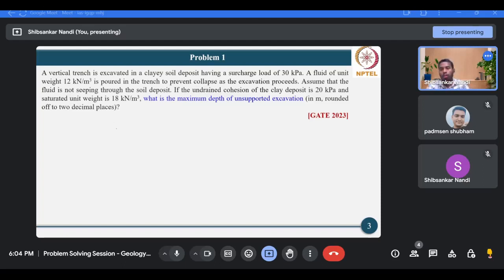So we discussed that for purely cohesive soil, or in the case of cohesive frictional soil, there is a chance of generation of tension crack in the top portion of the retained soil mass. So suppose this is the retaining wall and this is the c-phi soil.